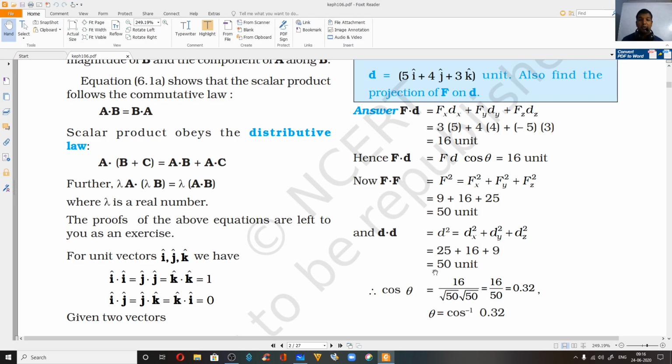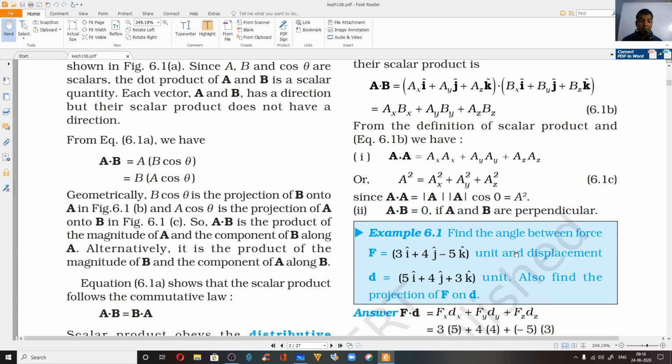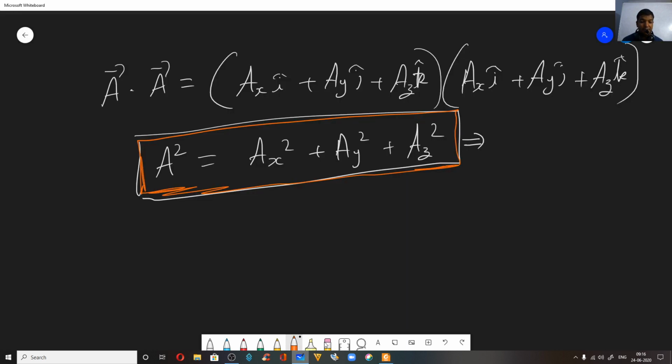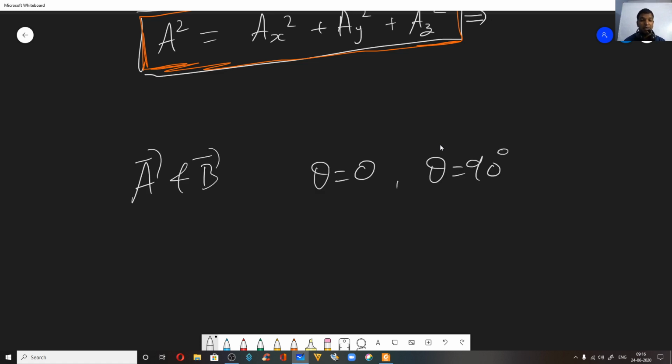All right, fine. Now let us look into a special case here. Say you are given two vectors a and b. What happens if theta is equal to 0, theta is equal to 90 degrees, and theta is equal to 180 degrees?